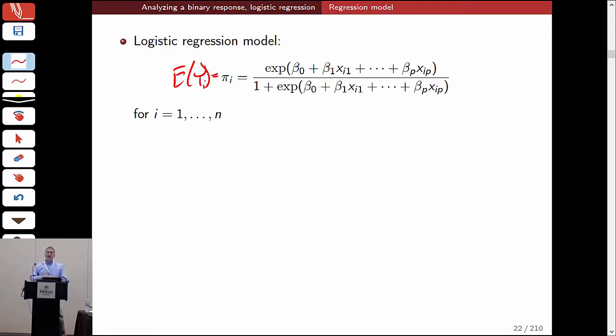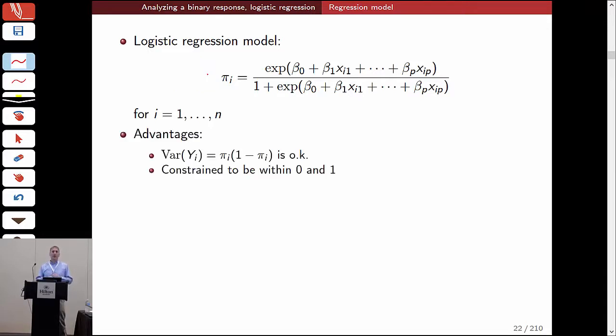Notice that the numerator cannot be greater than the denominator. Also, the exponential function, of course, is always positive. So we have something that's constrained between 0 and 1. So that's great. Also, if we start just from the standpoint of y being distributed Bernoulli and derive everything based upon that, it's okay to have a non-constant variance.